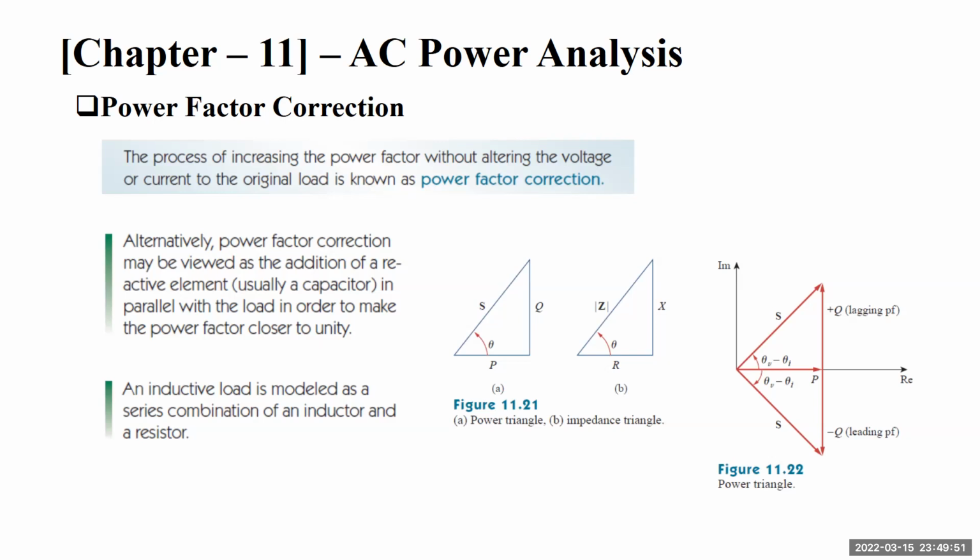Power factor correction is the process of increasing the power factor without altering the voltage or current to an original load. Alternatively, power factor correction may be viewed as the addition of a reactive element, usually a capacitor, in parallel with a load in order to make the power factor close to unity.